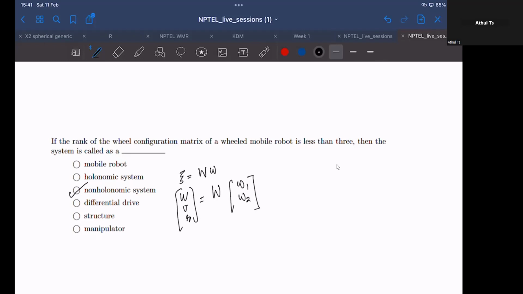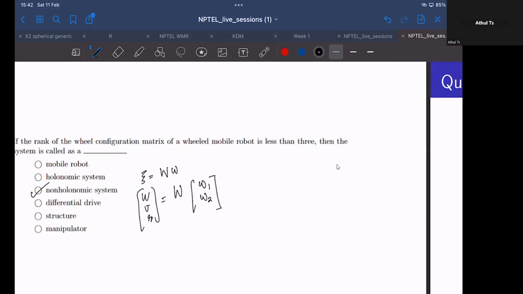So if the rank of the wheel configuration matrix is less than 3, that would essentially mean that we have a lesser number of controllable inputs than the number of degrees of freedom that we are trying to control. So in that regard, the robot that has a wheel configuration matrix having a rank lower than 3 would come under non-holonomic robots. So the correct answer is non-holonomic systems.